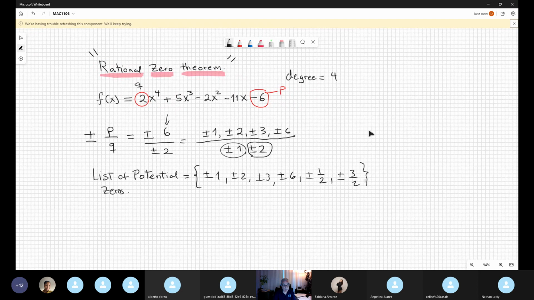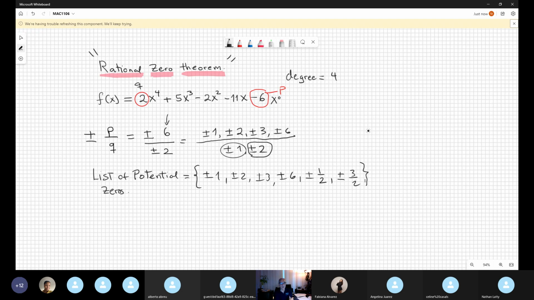So it's the formula. The formula is P divided by Q. Who is P? P is the coefficient of the monomial that has degree 0, so has no x. Actually, it's x to the 0, no? X to the 0, which is 1, invisible.